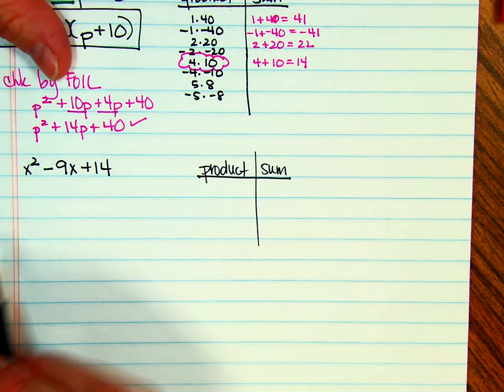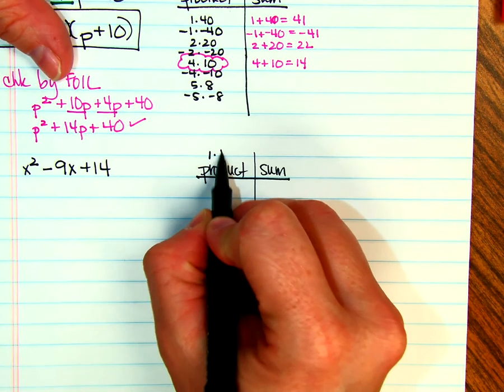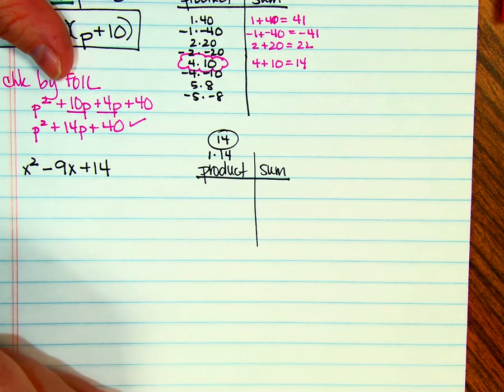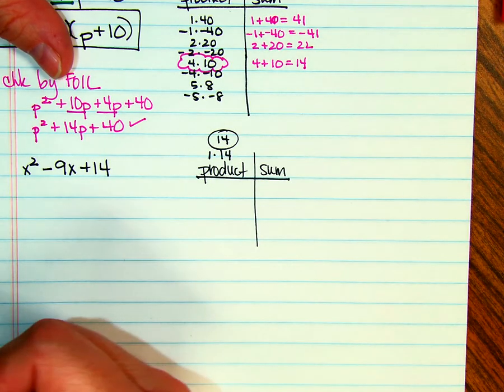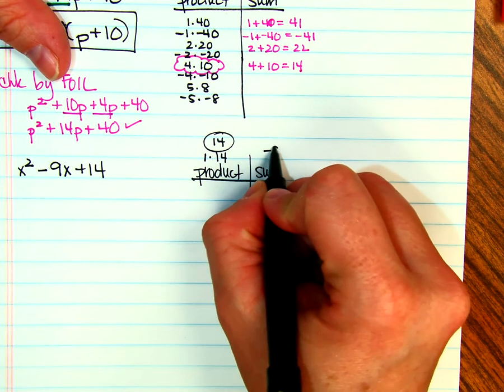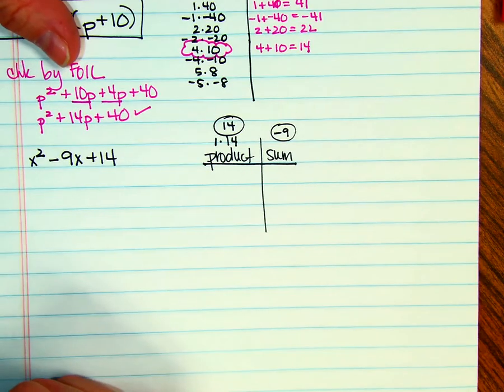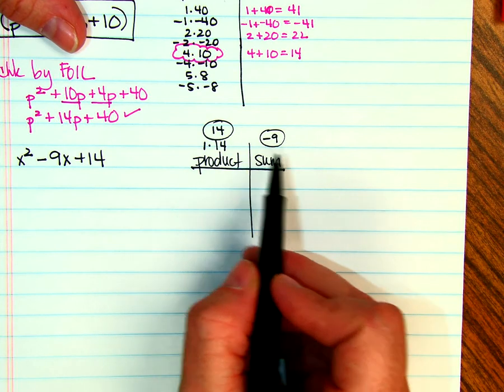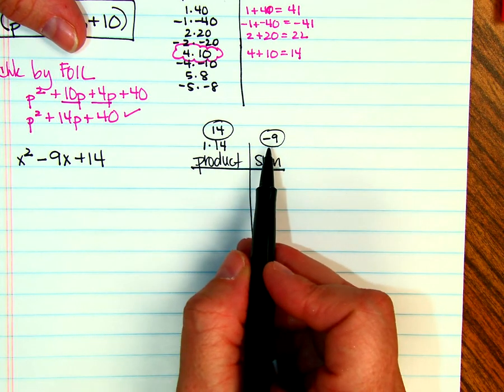Product comes from a times c. So 1 times 14 is going to give me 14. Sum is b. Make sure you're watching the signs. It is a negative 9. So I need two numbers that multiply to give me 14, but add together to give me a negative 9.